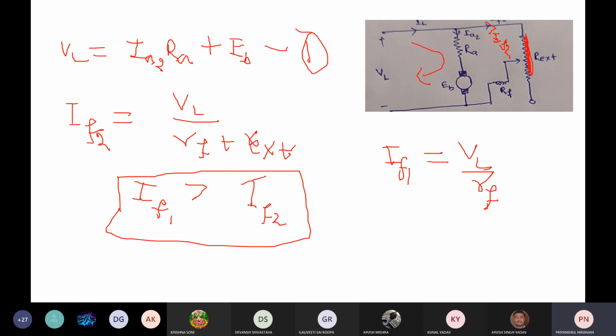This is the minimum value of R external, the original circuit of the DC shunt motor. Yes sir, so IF2 is always less than IF1. So from that condition, what about the flux?